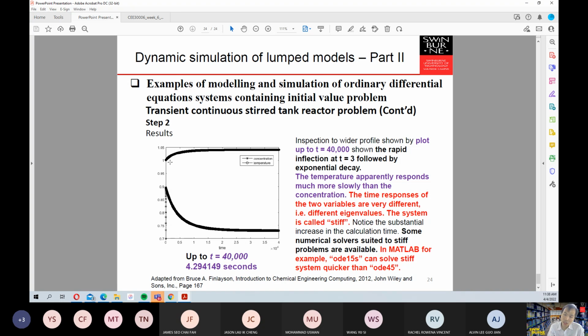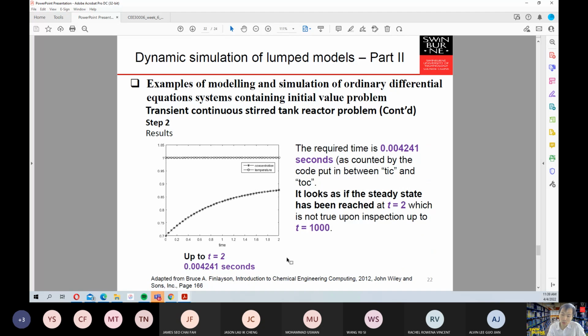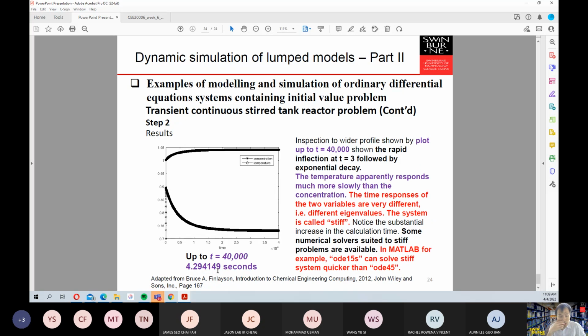The temperature increases very slowly up to 40,000, where you basically see the real plateau. What is surprising here is the change in the magnitude of your computational time. From 0.0004 it becomes 4, so it increased by 3 orders of magnitude.